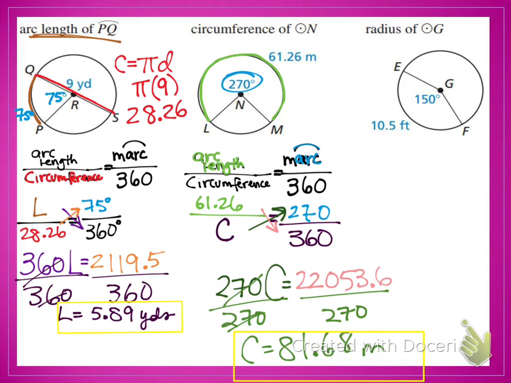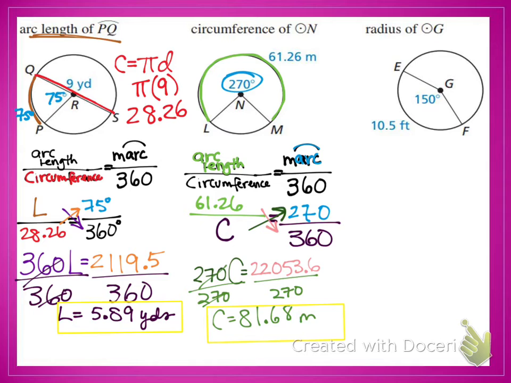All right, and then I want you to think about why this makes sense. Look at our proportion. We said 61.26 over the circumference is equal to 270 out of 360. How much of 360 is 270? What does this reduce to?